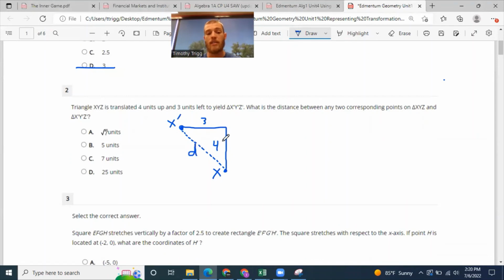Well, you might notice that I formed actually a right triangle who has legs of length 3 and 4. So the way you could find this distance is by using the Pythagorean theorem. Hopefully you know that one. It's a squared plus b squared equals c squared, where the side lengths of the triangle are A, B, and C. In this case, the 2 legs A and B are 3 and 4.